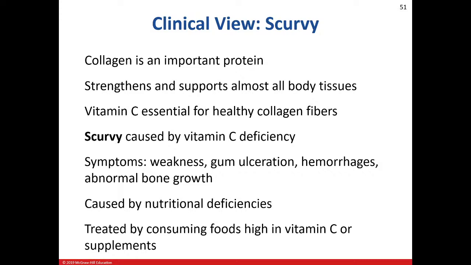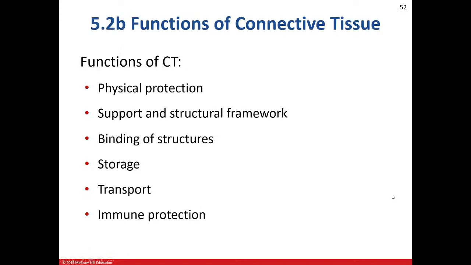And so the symptoms include weakness, gum ulceration, hemorrhages, abnormal bone growth. Your teeth may also fall out because of the gum ulceration. And so it's treated by consuming foods that are high in vitamin C or supplements containing vitamin C.